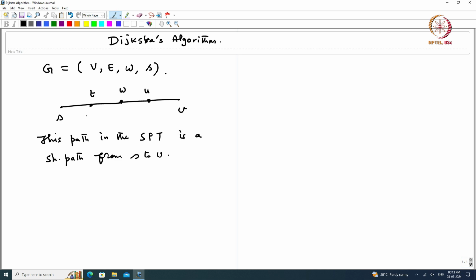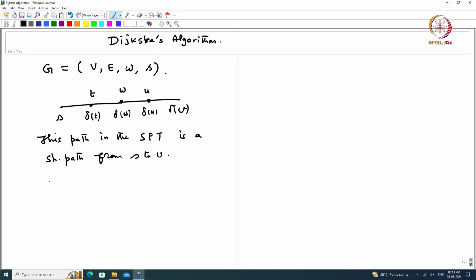So for example, the delta T, the shortest path distance here, this will be less than delta W, and this will be less than delta U, and that will be less than delta V, because we are going to work on a special class of graphs.